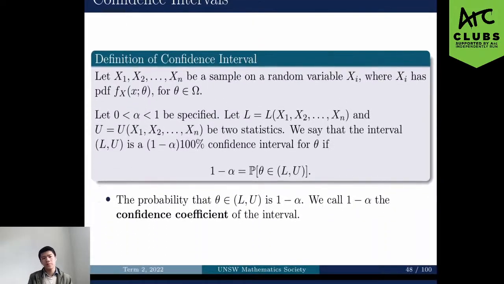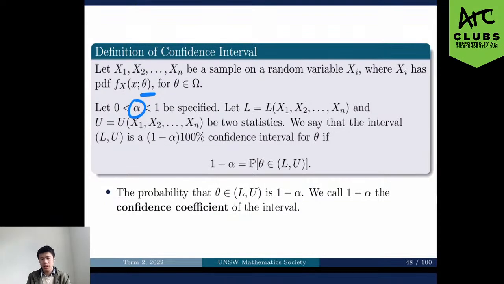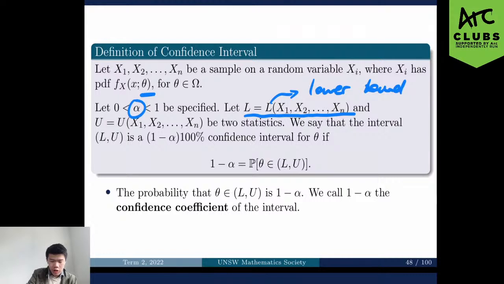So more formally, we'll take a sample, X1 down to Xn, on a random variable X, where X has a PDF given by f(x, theta). And let alpha be specified. Okay, it's just a number between 0 and 1. And we've got two statistics. L is called our lower bound, and U is called our upper bound.